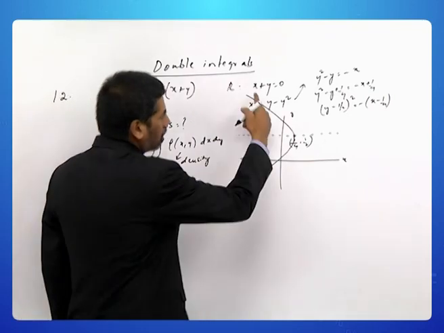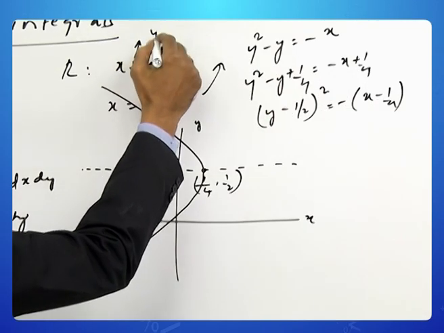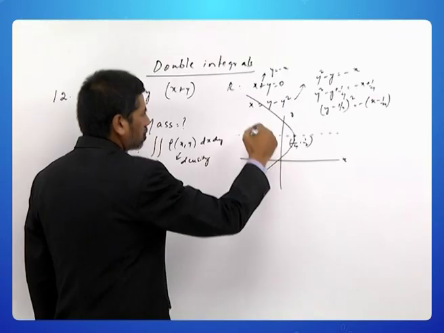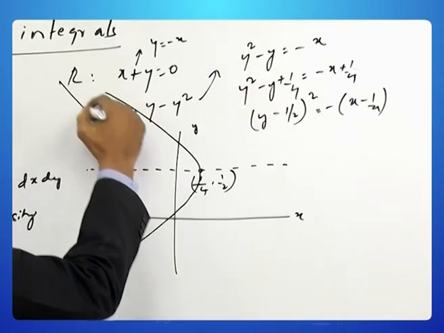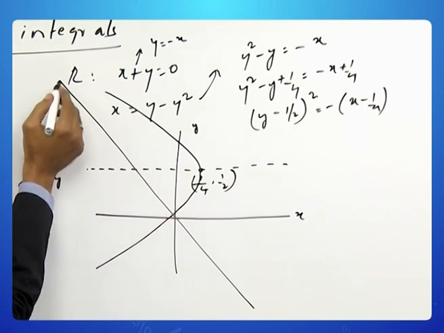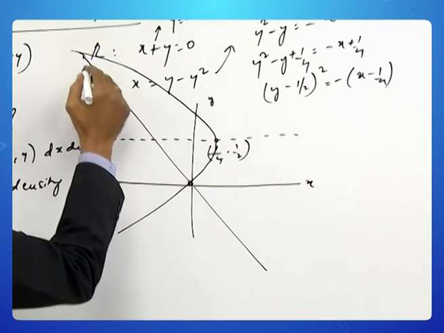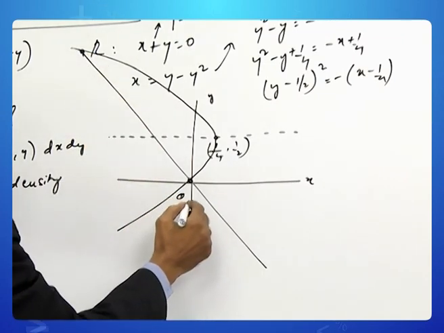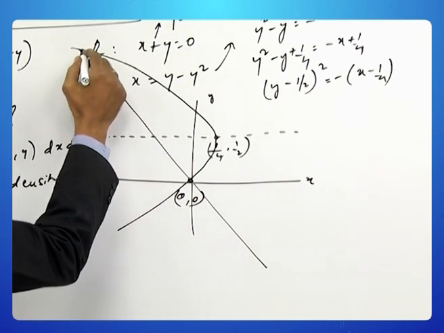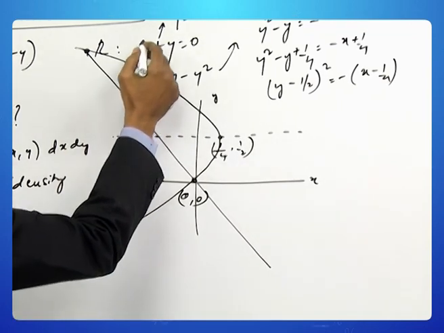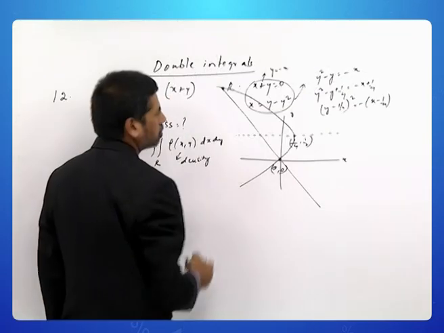And to this, x plus y is equal to 0 means y is equal to minus x. So it's a straight line with negative slope. So extend the parabola and you'll have two intersection points. One is the origin. This you can find by solving the straight line and the parabola.